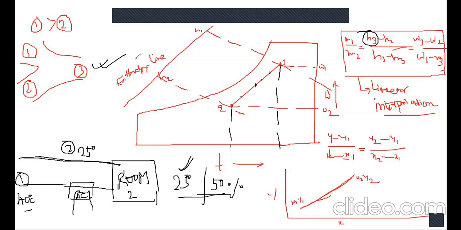So we want to use this type of process, adiabatic mixing. When it is circulated from the room, we want to take 50% of used air.